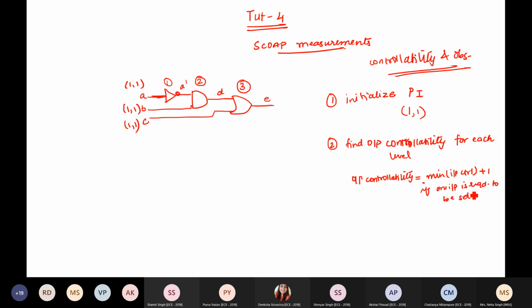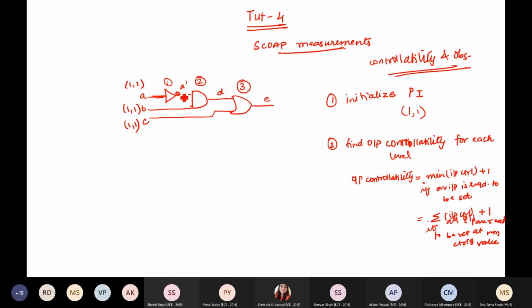If one input alone is sufficient, then we take the minimum of input controllability. But it will be equal to the sum of all the input controllabilities plus 1 if all inputs are required to be set at non-controlling value. Okay, this is the general rule for calculating the output controllability, right?